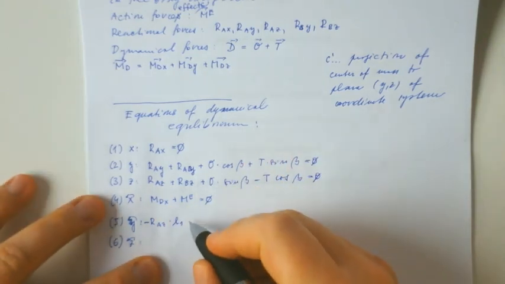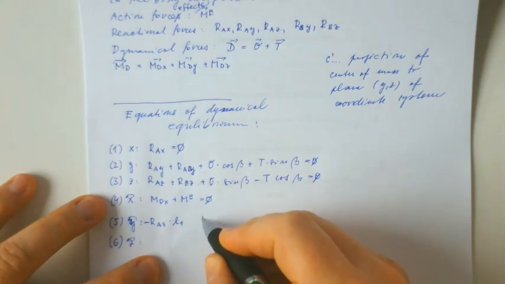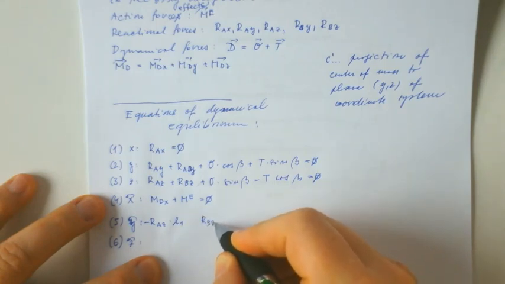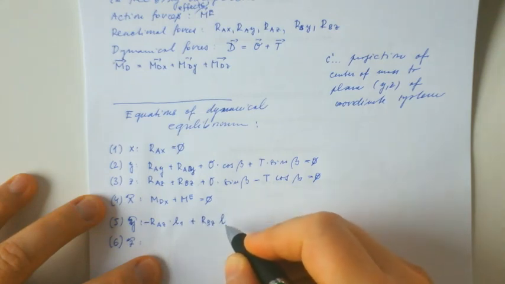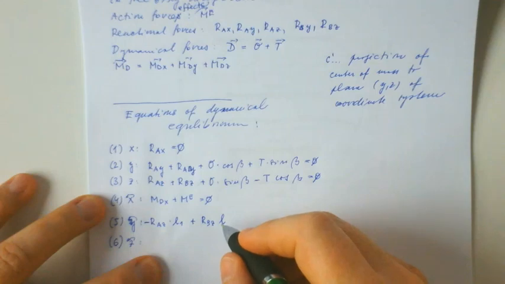The second reaction is RBZ, and it's positively oriented and it makes a moment on displacement L2.